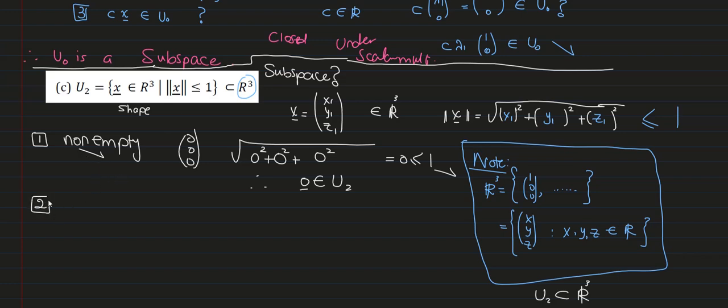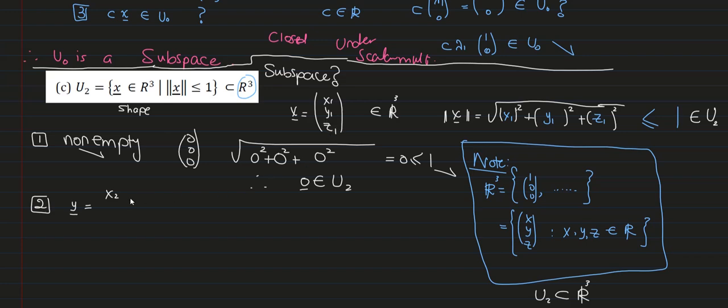Number 2, we need to discuss the addition. Okay, we have here x, which is one element of U2. Let's say that this x belongs to the set U2. I need another element, so let's call it y, and in this case I will take the components with a different subscript. This is the easiest way. You might call it a, b, c, or whatever.